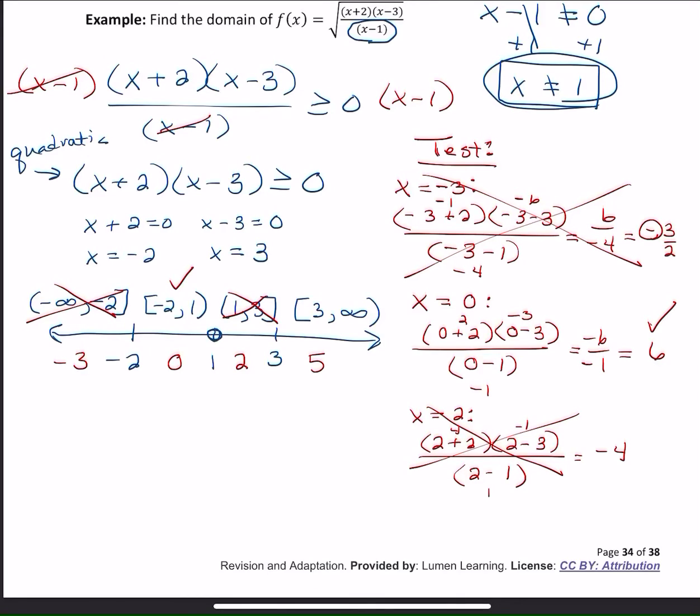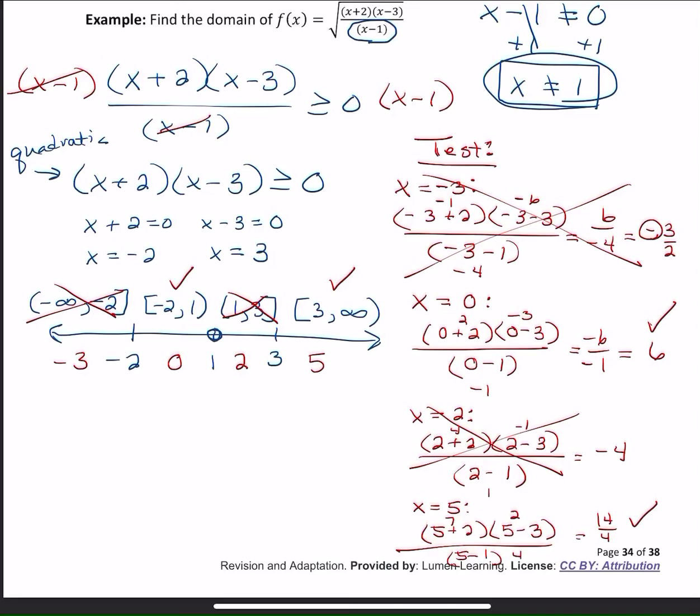So let's test our last interval at x equals 5. So I've got 5 plus 2, 5 minus 3, and 5 minus 1. That's going to give me 7 times 2 over 4, which will be 14 over 4, which is a positive number, so that will also work.